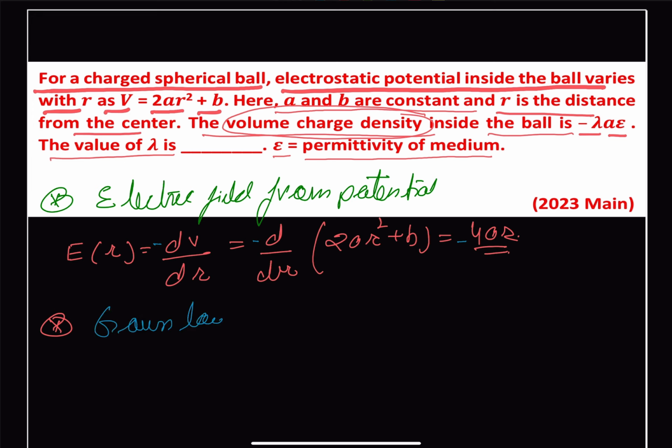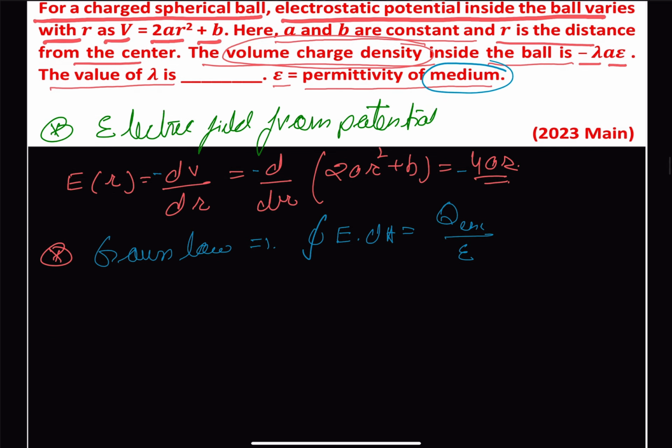Gauss law gives us that for an enclosed surface, the integral of E dot dA will be equal to the charge enclosed divided by epsilon. Here we take epsilon because it is a different medium, not epsilon naught. We can write this as E, and the area is 4 pi r square, equal to the charge enclosed divided by epsilon.